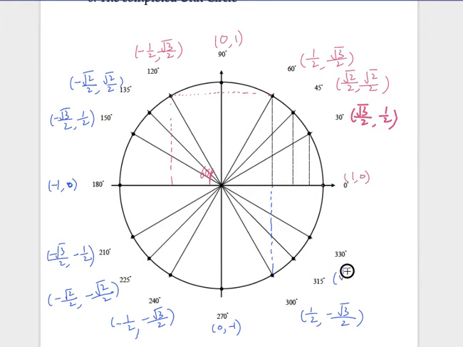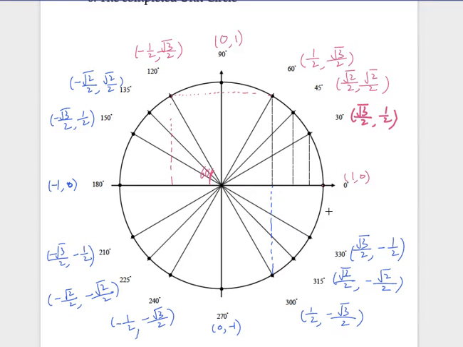That's exactly why we introduced this concept before. The reference angle is coming back to here. And for 330 degrees, again, the reference angle is 30 degrees. So the x value is the same, but the y value is opposite because it is in the fourth quadrant. Again, the values of all these angles are related to these special angles here.